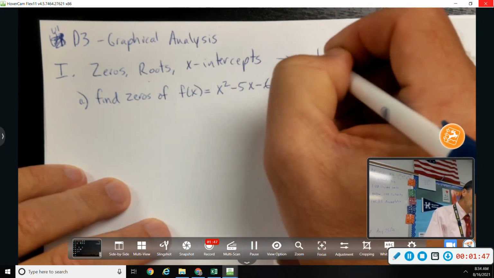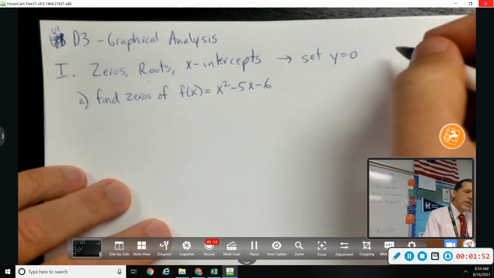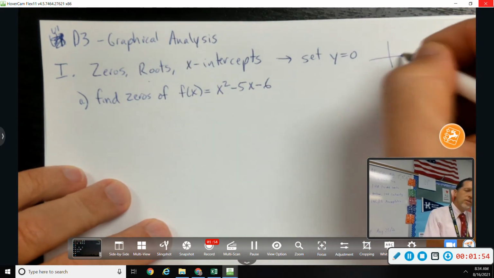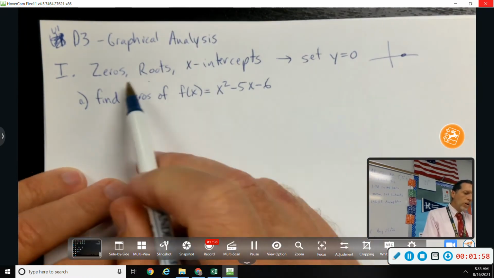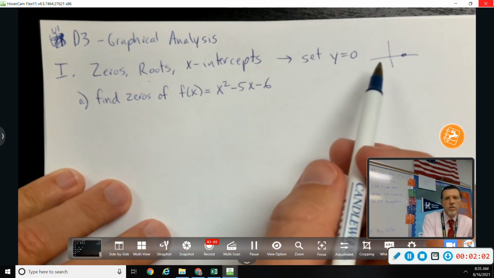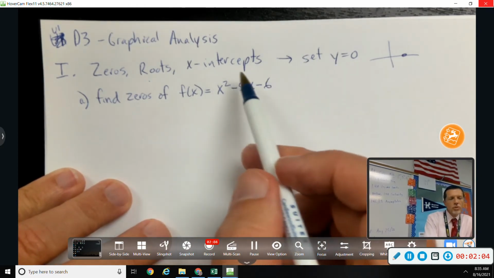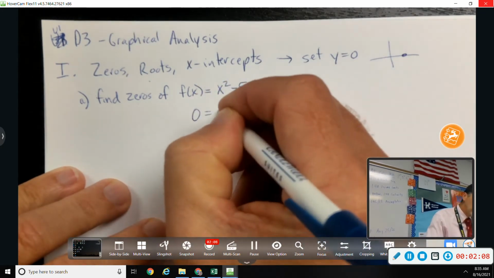We'll set y equal to 0. And if y is 0, that makes an x-intercept. Calling it a 0 is where we get the name zeros from. And roots, not sure where the name roots come from, but it's all the same stuff. So let's set y equal to 0.